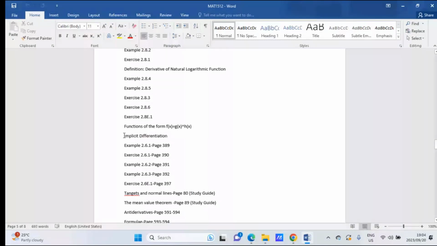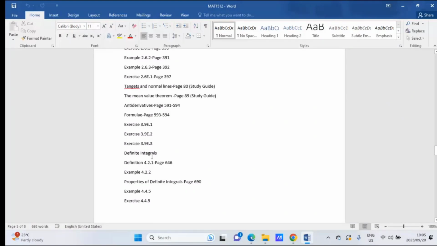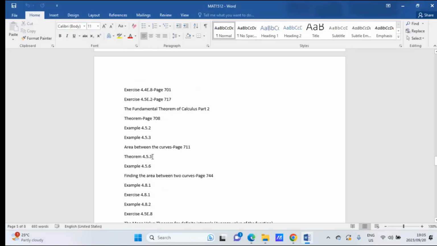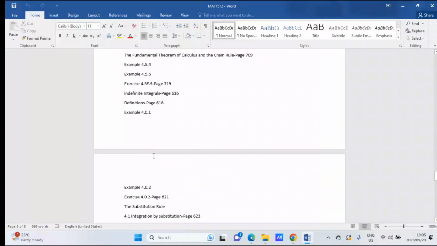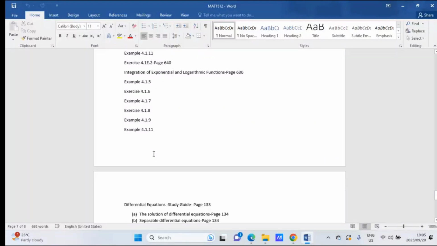Then when we get to it, we'll only deal with the exercises where you encountered challenges. Then after that, antiderivatives, formulae, then definite integrals. Then we'll move on. We'll see how far we get.